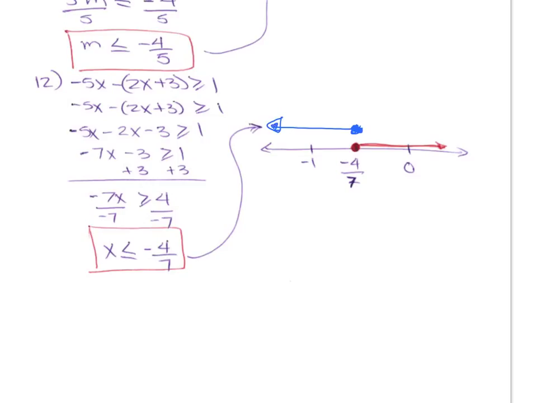So take note that the correct answer is the one in blue and not the one in red. I plotted it wrong. I plotted greater than negative 4 over 7 rather than less than or equal to negative 4 over 7. So this should be the correct answer right there.